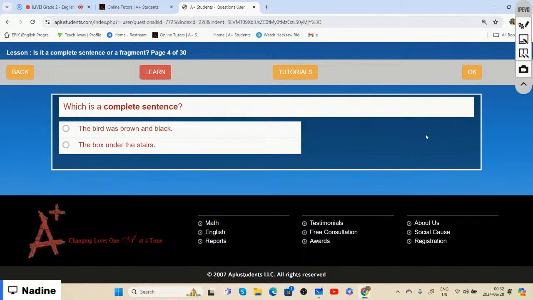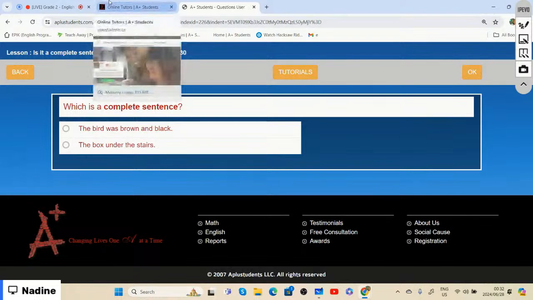All right, then if we were to choose, some are saying option one, some are saying option two. Which one is correct? Option one or option two?